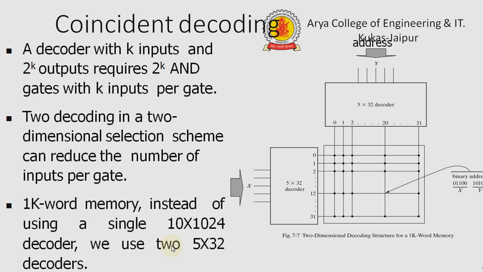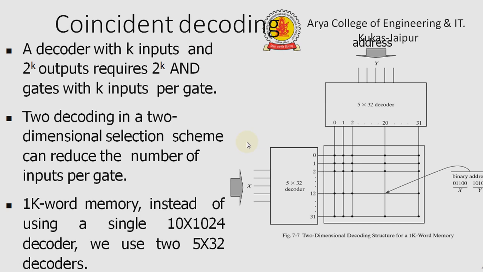Now here is the next type of decoding. This is known as coincident decoding. In this, a decoder with k inputs and 2^k outputs requires 2^k AND gates with k inputs per gate.